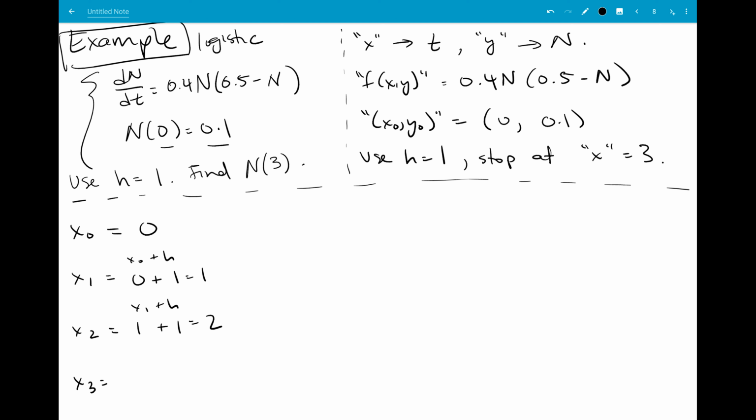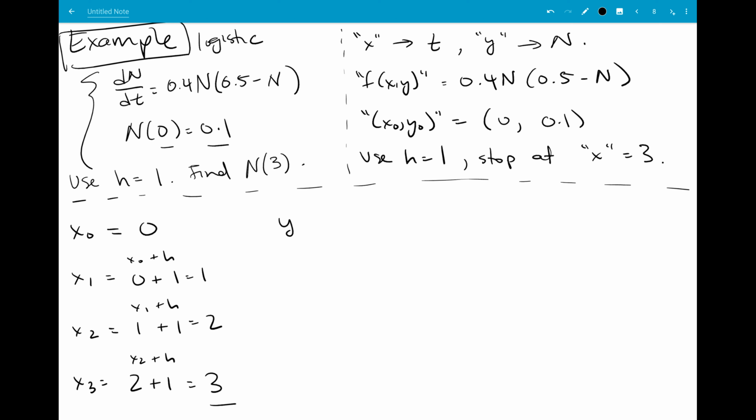We know that x3 would be x2 plus h, so that's just 2 plus 1 is 3. And that's where we're going to stop. We want to find N(3), so once we've reached x3, we'll be at y3. That's going to be the value we want.